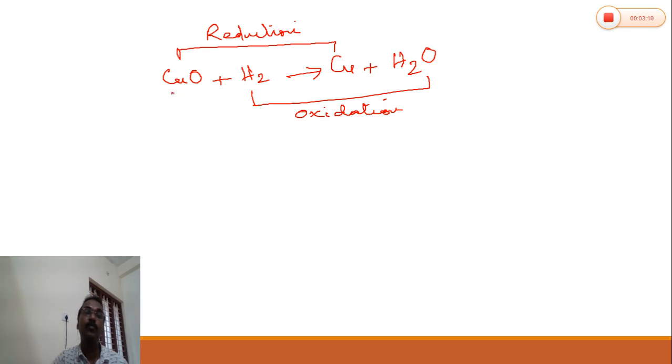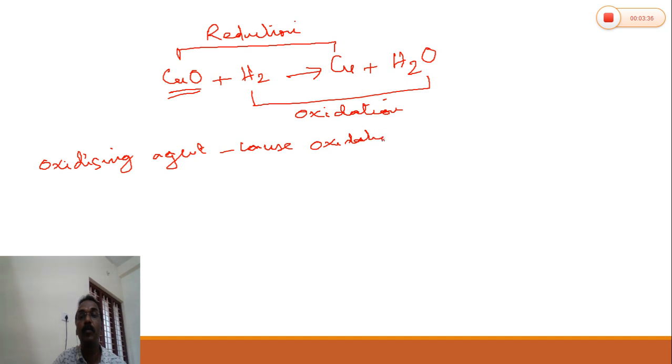Now, let us see what is the role of copper oxide here. Copper oxide itself is reduced, but it gives oxygen to hydrogen. So this is called an oxidizing agent. An oxidizing agent causes oxidation, but itself undergoes reduction.